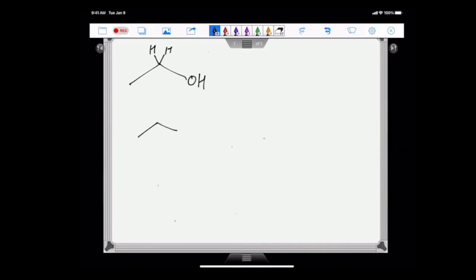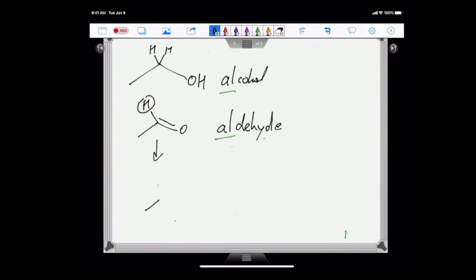If I now promote that, where I'm going to make this a double bond, this is my alcohol. This is my aldehyde. And that's where the al helps you remember through it. If I take this hydrogen, I'm going to now add it to a carbon, so now it's carbons on both of those. This we call a ketone.